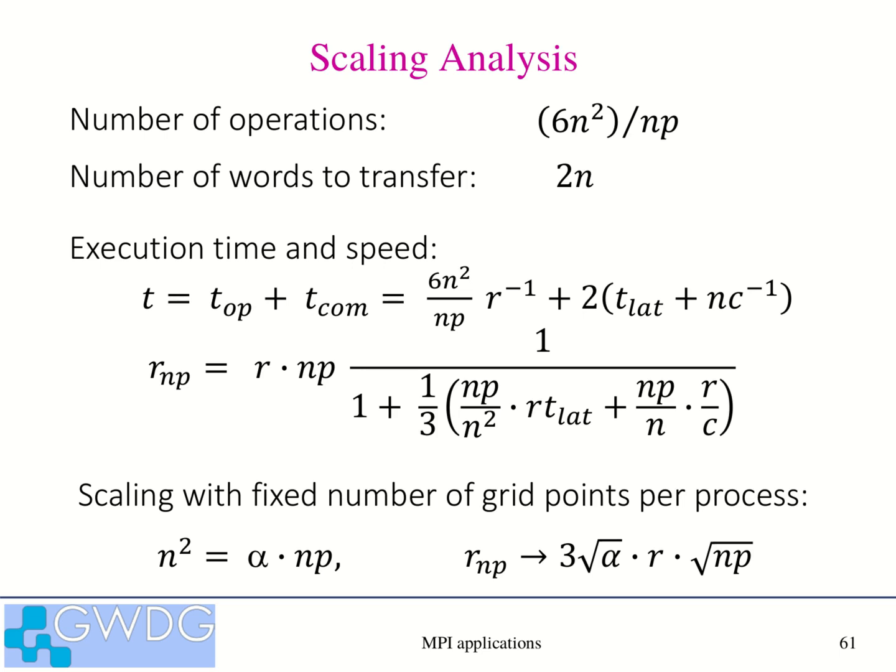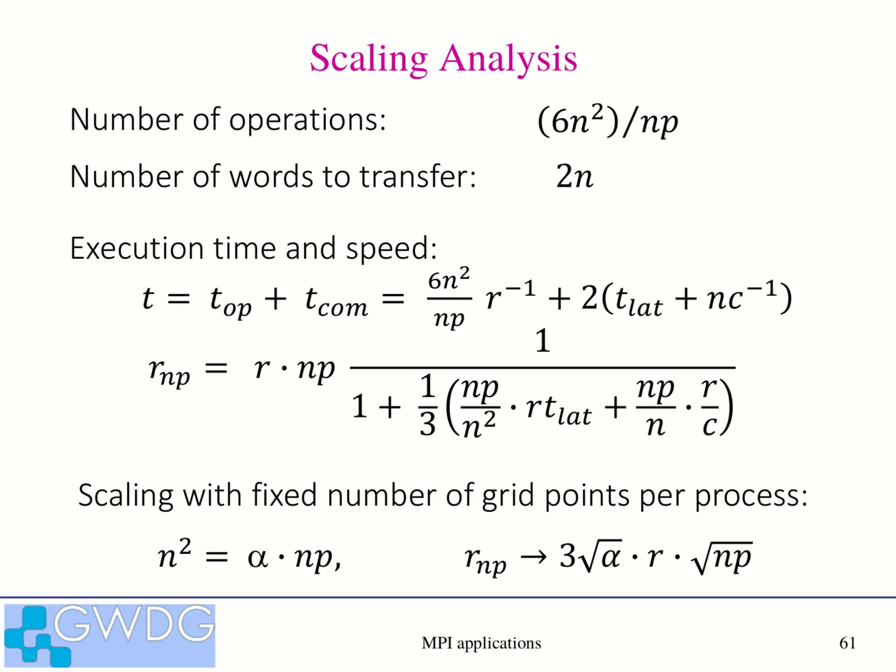This will be done on NP processors, so each processor has to do this number of operations. The processor has to transfer to its neighbors 2n numbers from the boundaries, n to the right and n to the left.